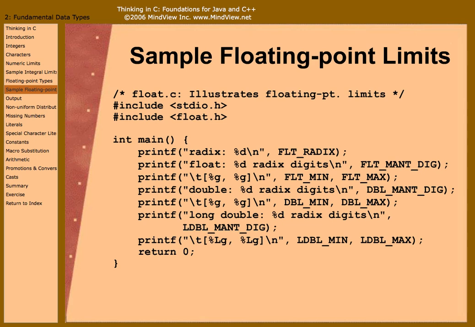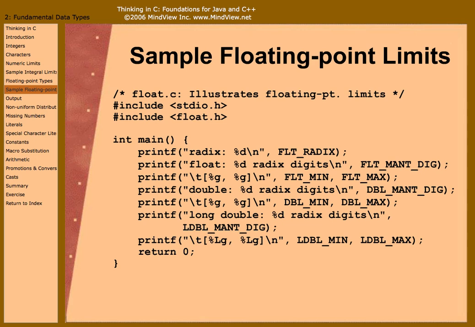And the output on the next page will actually reveal that on my system, the floating point radix is 2. So basically a floating point number then consists of a certain number of binary digits, and also for its power, or for the exponent, it will also be a certain number of binary digits. In other words, it'll be the mantissa times 2 to some power.